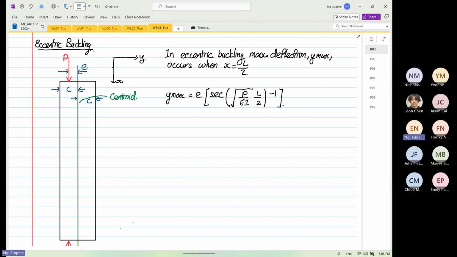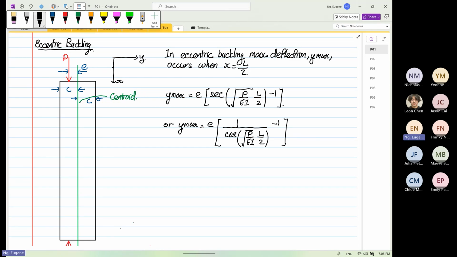Or if I rewrite this, in case some of you don't know what a secant is, this is equal to E, and then all you do is 1 over cosine of the square root of P over EI times L over 2, and then you minus 1.